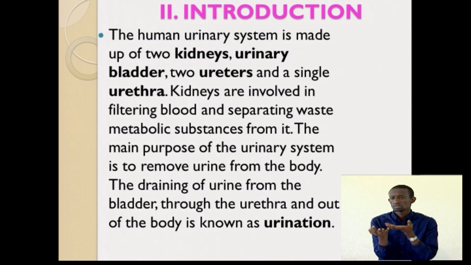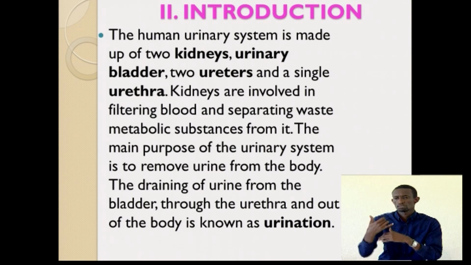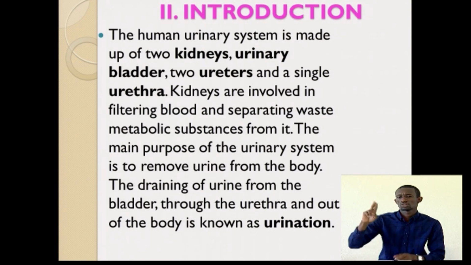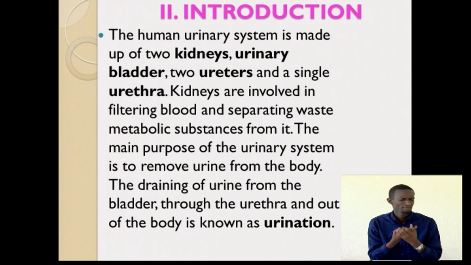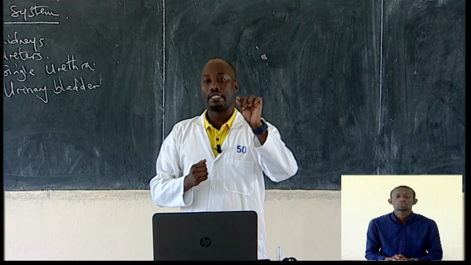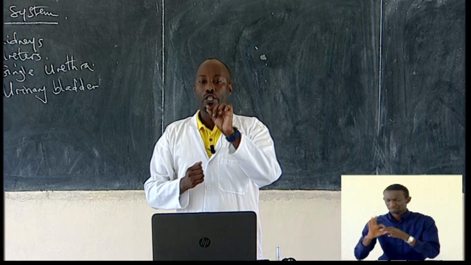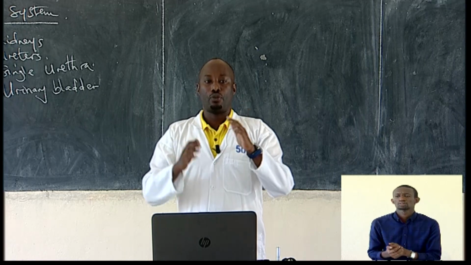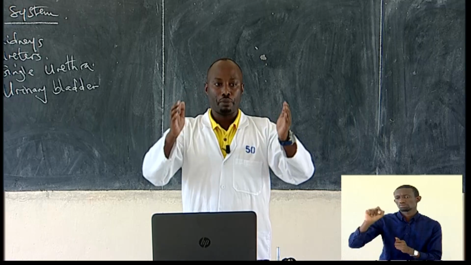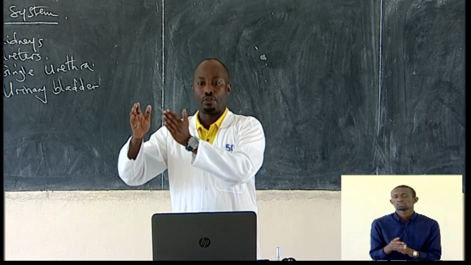These waste products, for example urea and uric acid, have to be removed from the blood. So one of the functions of the kidneys is filtering the blood and separating waste metabolic substances from it. These waste substances need to be separated from it.